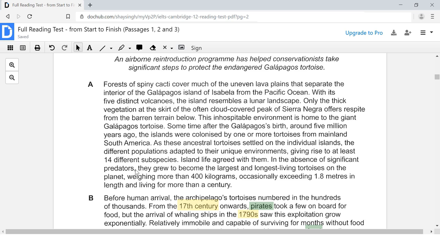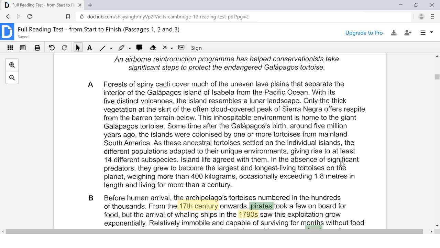In the absence of significant predators, they grew to become the largest and longest living tortoises on the planet, weighing more than 400 kilograms, occasionally exceeding 1.8 meters in length and living for more than a century.